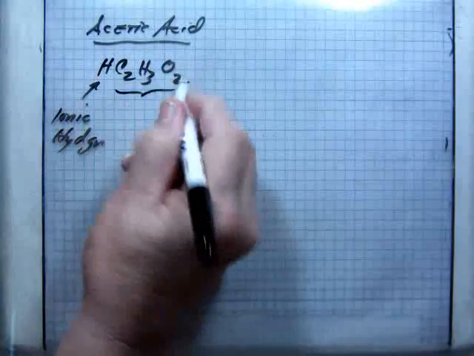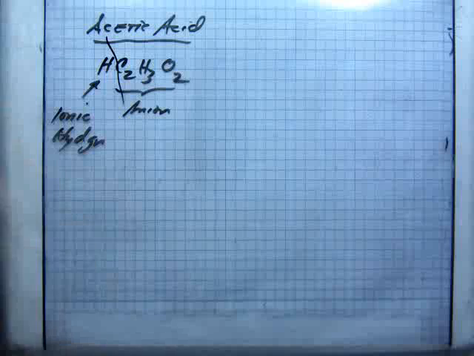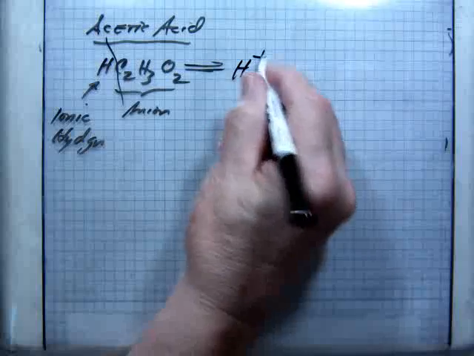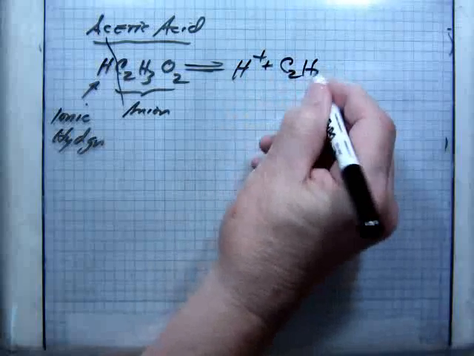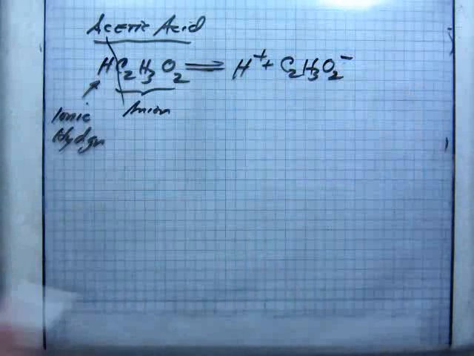And this is your anion. Go to the hydrogen, and everything behind that first hydrogen is a polyion in the structure of that acid. And so this would break up in water to H plus C2H3O2 minus. So that's one way to write it.